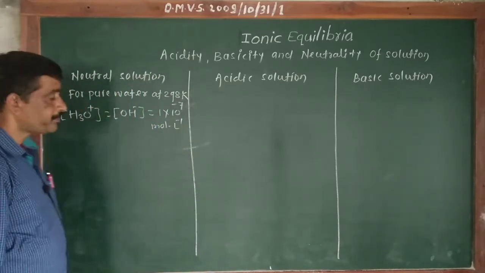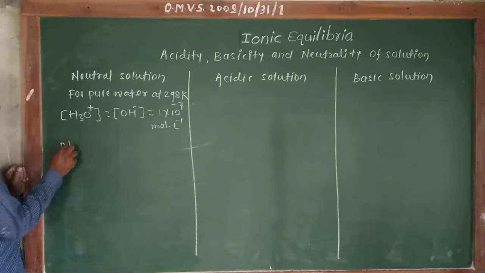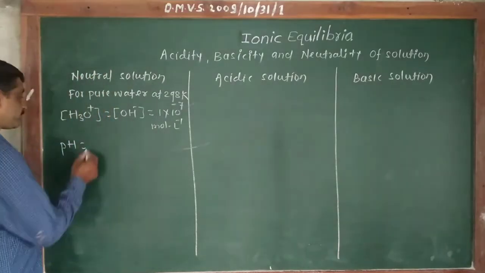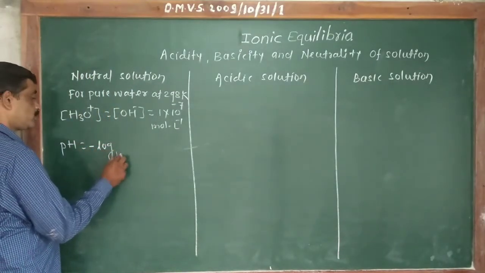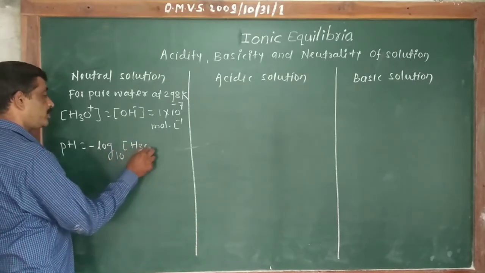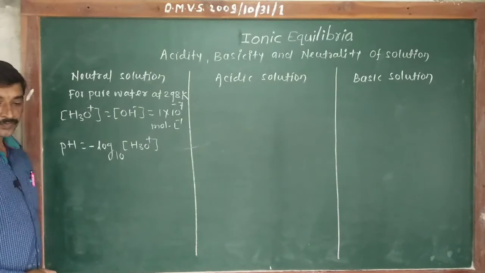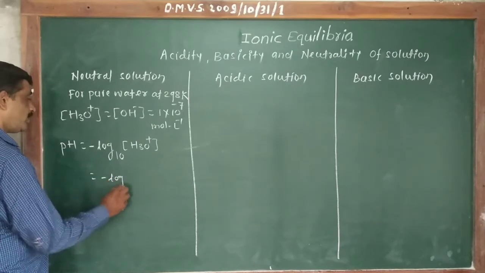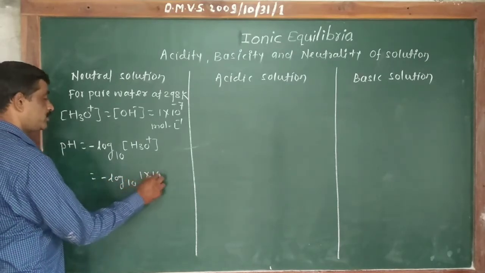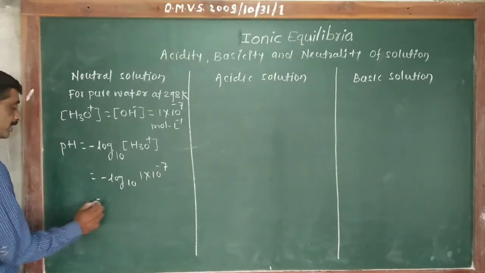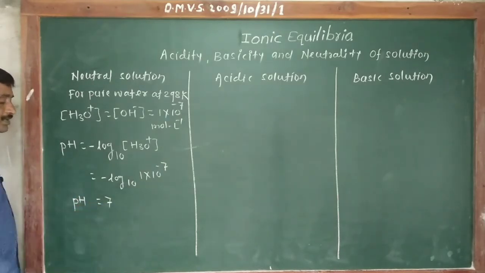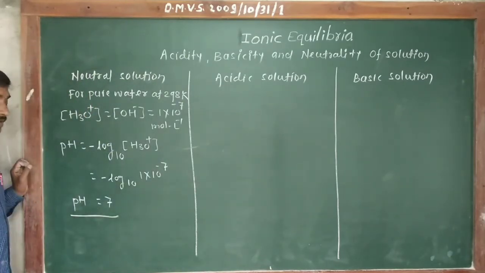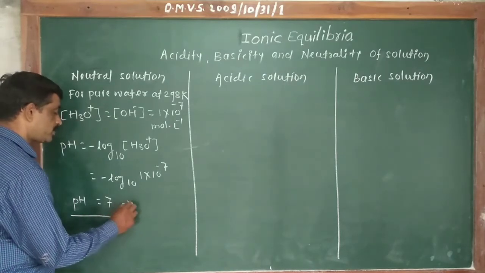So when you consider the pH of the solution at 298 Kelvin, it is the negative logarithm to base 10 of H3O+ ions, means H+ ions. This value is equal to negative log to base 10 of 1 into 10 raised to minus 7, and the pH becomes equal to 7. And if the pH of a solution is equal to 7, then it is the neutral solution.